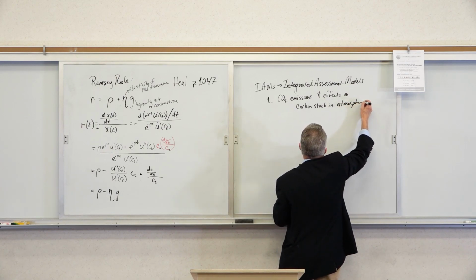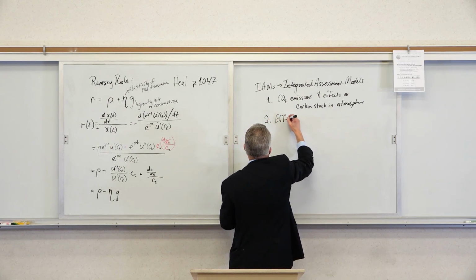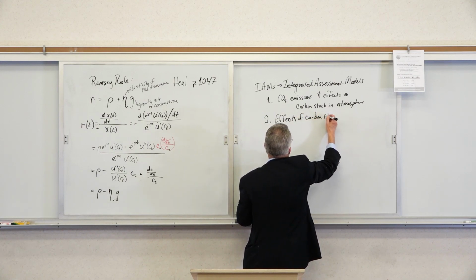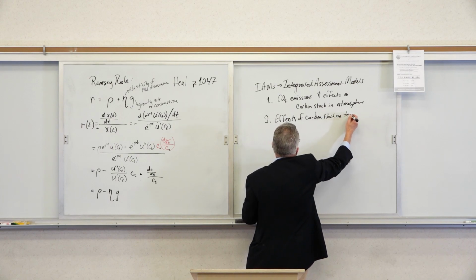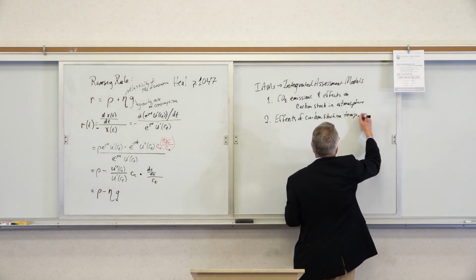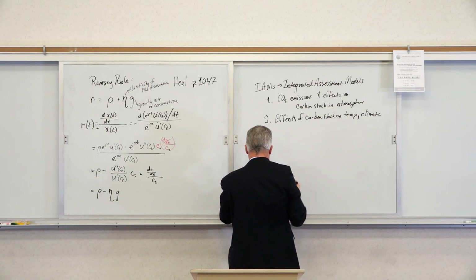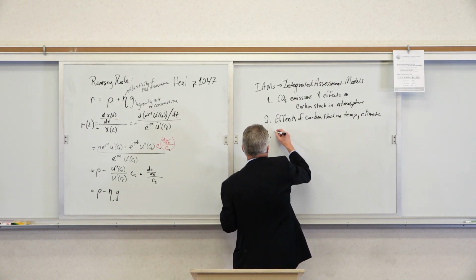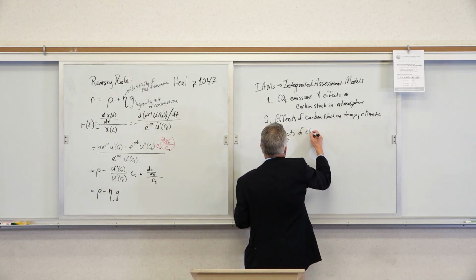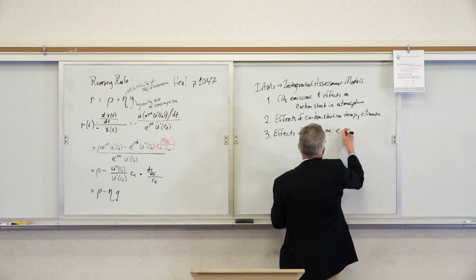That's the first step. The next step is the effects of the carbon stock on temperature, or on climate change. Maybe there are some other effects we want to look at. But that's not enough. What are the effects of the climate on economic variables?